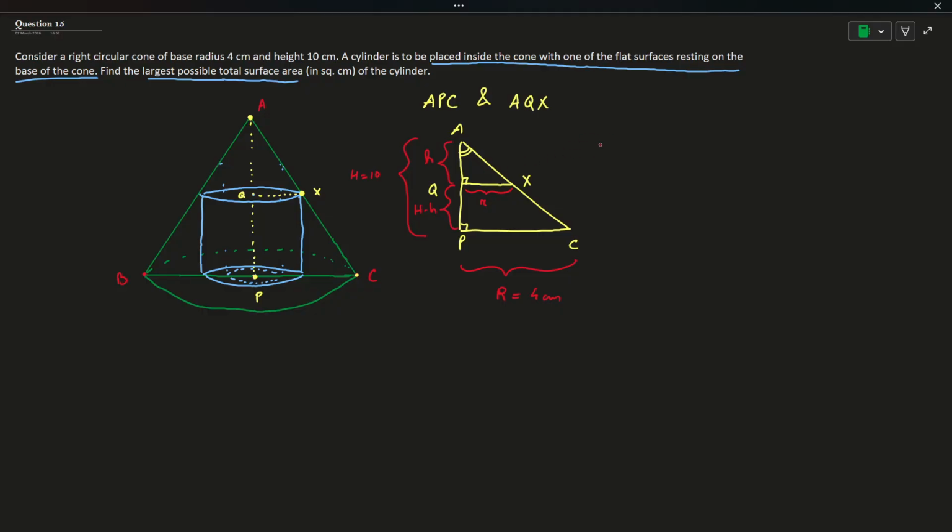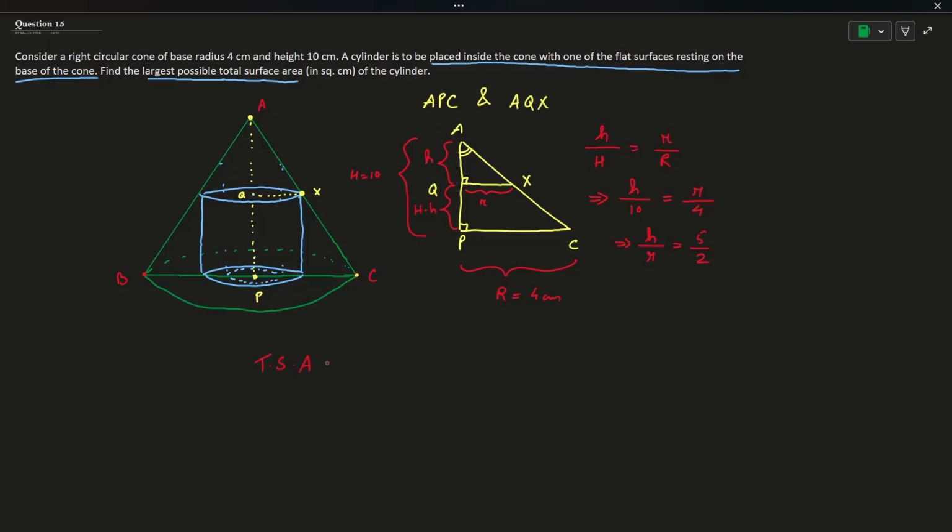Using similarity, I can say small h by capital H is equal to small r by capital R, right? What is small h? I don't know. This is 10. This is r. Capital R is 4. So the ratio of h by r is how much, guys? It is 10 by 4. So 5 by 2.